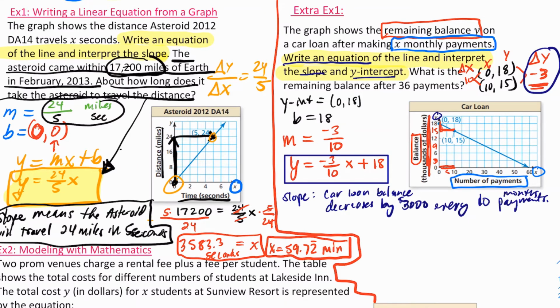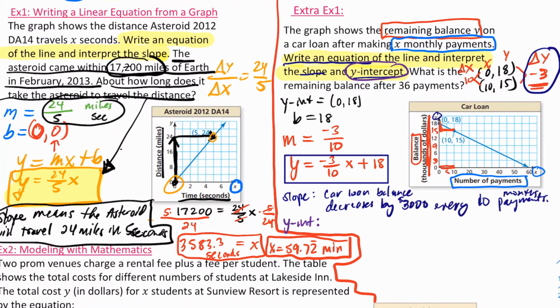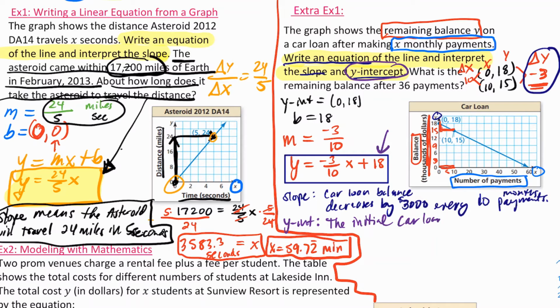For the next part, the y-intercept, maybe you can think about what you think the y-intercept stands for. Okay. And then I'm going to write it down. You could write it down first if you want. The y-intercept is 18. This means that the initial car loan was $18,000.